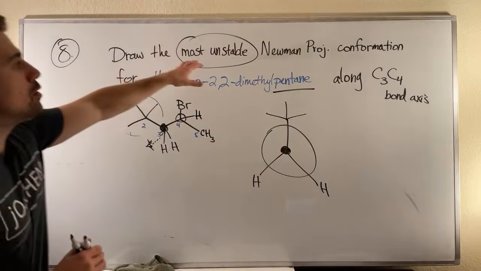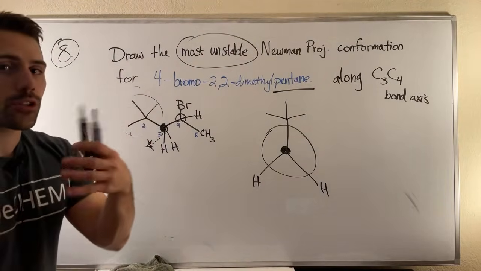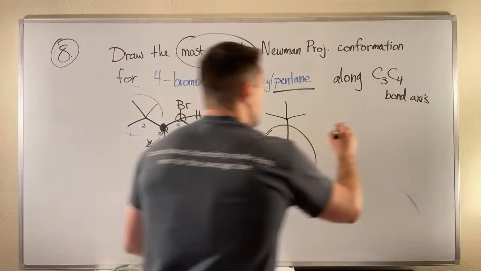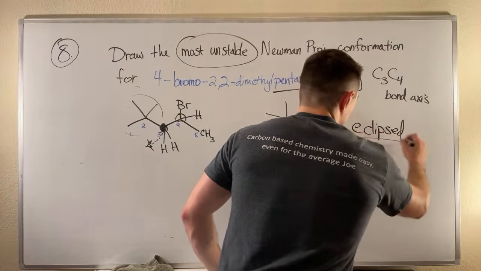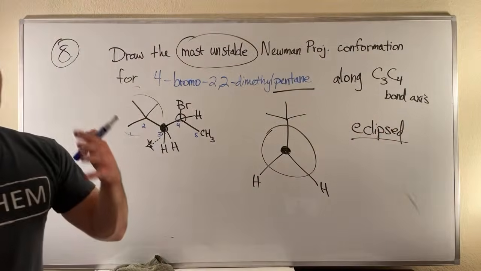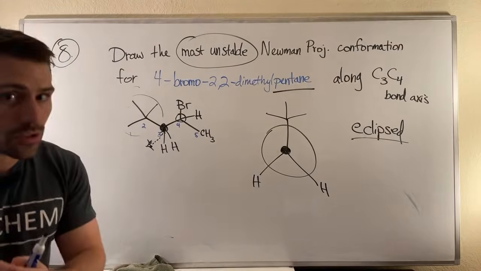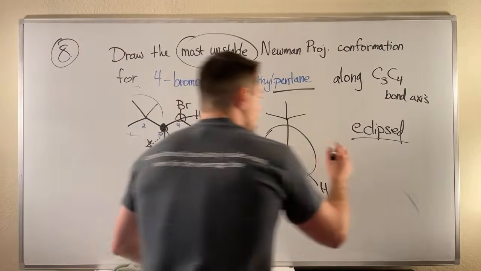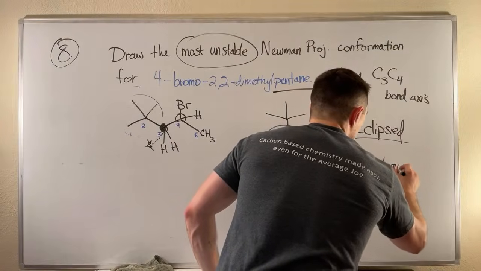Now I want the most unstable Newman projection. When you hear that in terms of Newman projection, you want the highest energy structure. So what we want is an eclipsed conformation, because when you draw something eclipsed, that means groups are as close as possible, possibly even bumping into each other, maximizing both torsional and steric strain, right? And we want the biggest groups aligned.